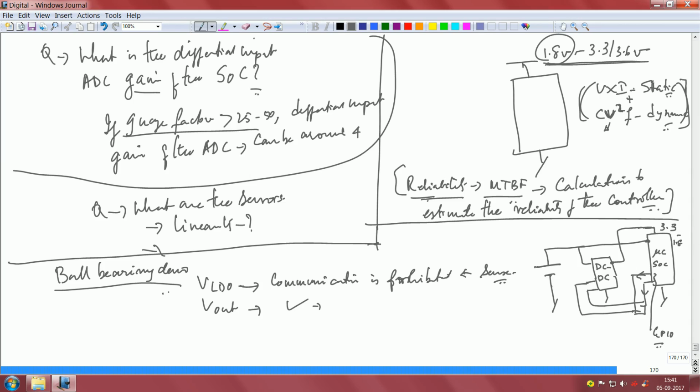And who takes this decision of shifting from 1.8 to 3.3? It is the controller. And how does the controller take it? It is able to sense the battery voltage. Obviously, I have to make the circuit a little more accurate.